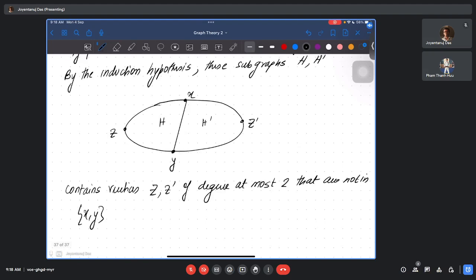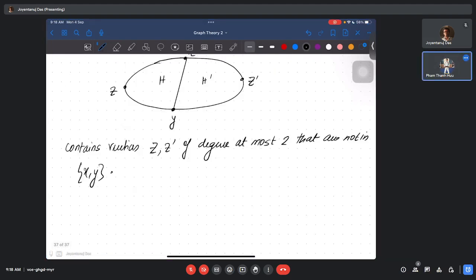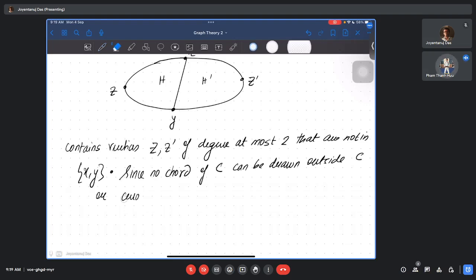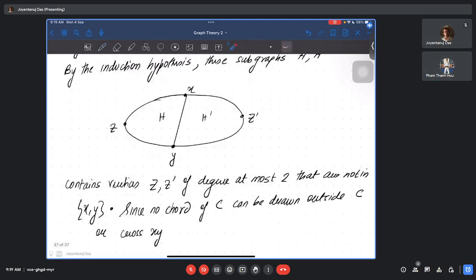So since no chord of C can be drawn outside the cycle C or cross xy, because it is outer planar, I cannot have any chord outside the cycle because this is the boundary of the outer face, right?